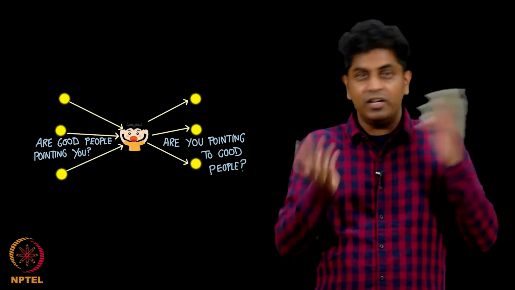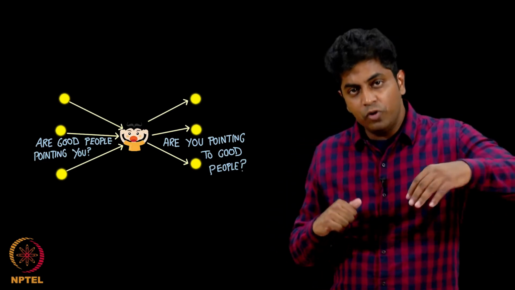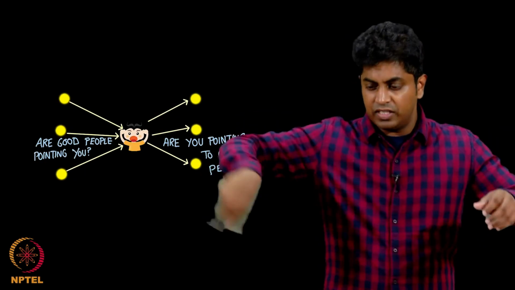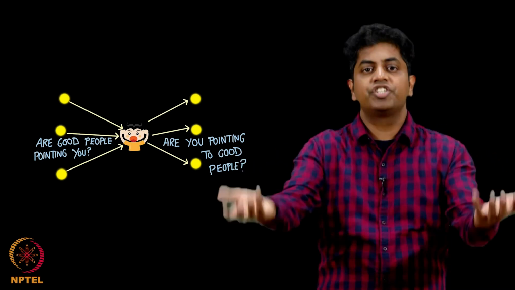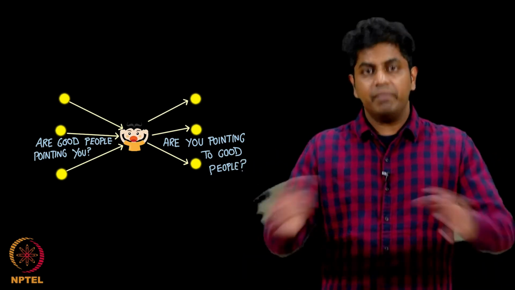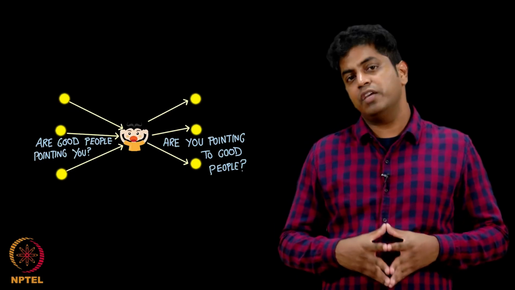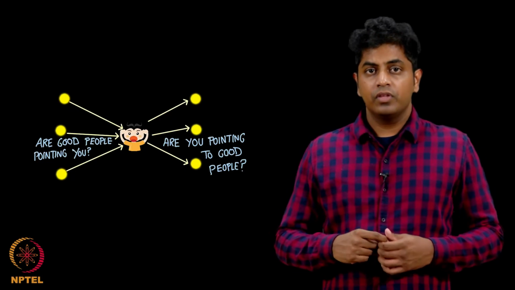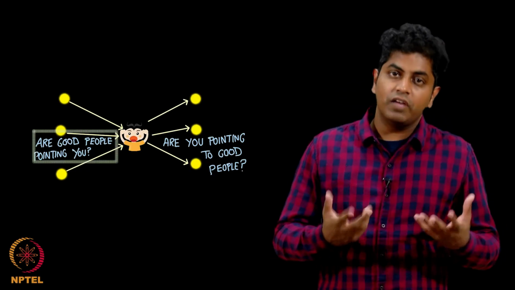This is exactly similar to the previous case where there were people recommending and the places or people giving the solution; these were 2 different sides. Now, I am trying to combine them and give you an easy way: given a node, you give both values to it. How well the node is being pointed to is one value of the node, how well the node is pointing is another value of the node.